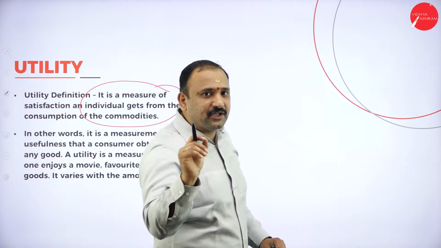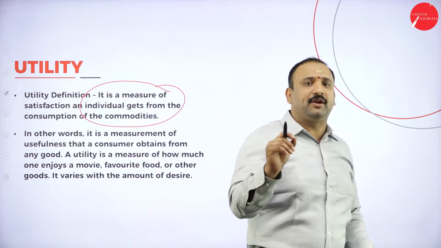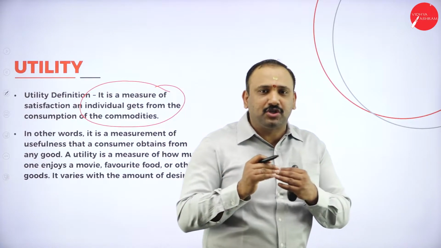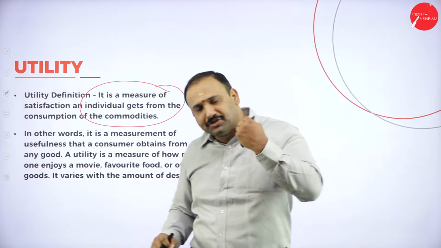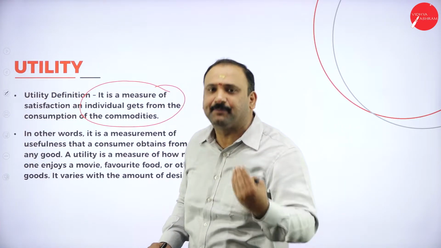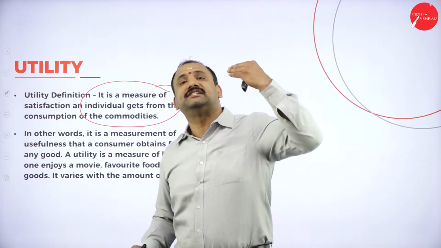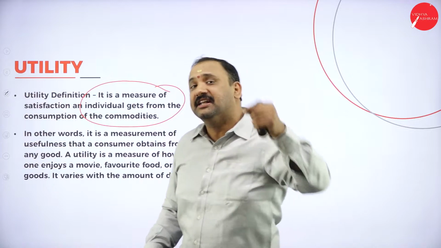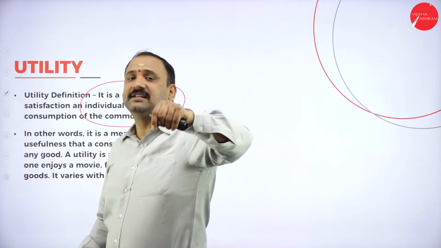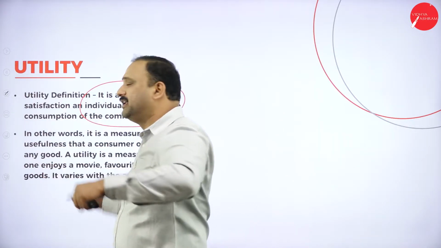A customer will not just buy one product one time. He wants to have a preference over a particular product and he continues to purchase or utilize that product until he reaches the highest level of satisfaction. That's why utility plays a very important role here.